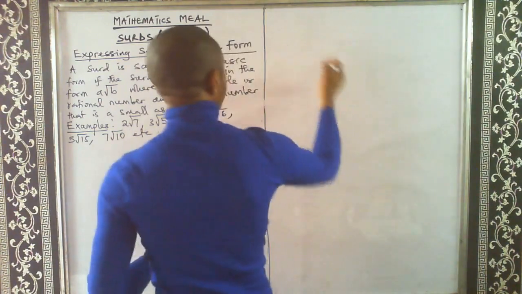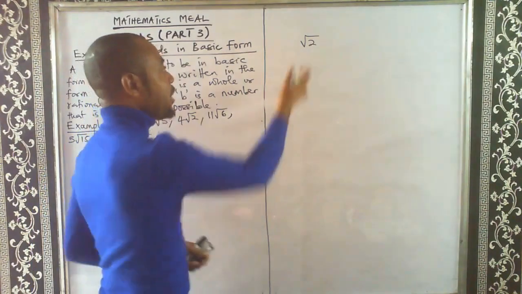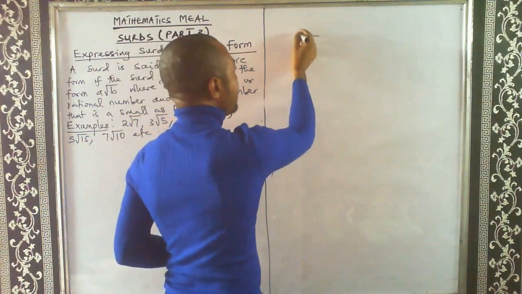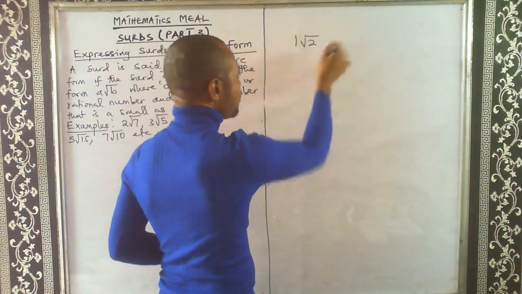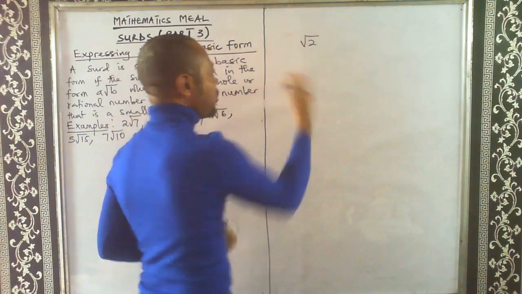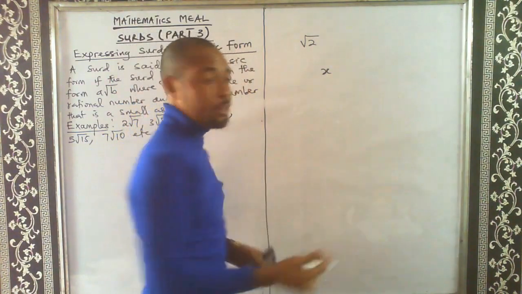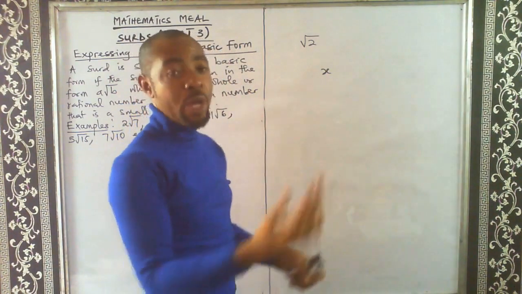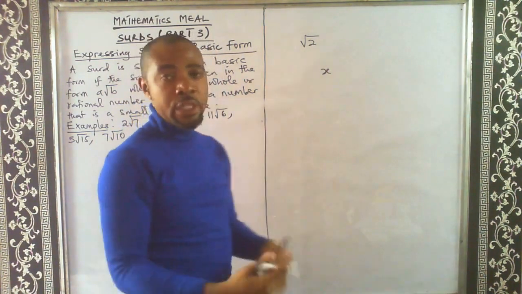And if I have a surd like this one, it is also in basic form because I can no longer reduce this. The rational number outside here is 1, but we don't write 1 root 2. When we have 1 root 2, it's just root 2. Just like in algebra, we have x. We cannot say 1x. Rather, we just say x. But we know the coefficient is still 1.